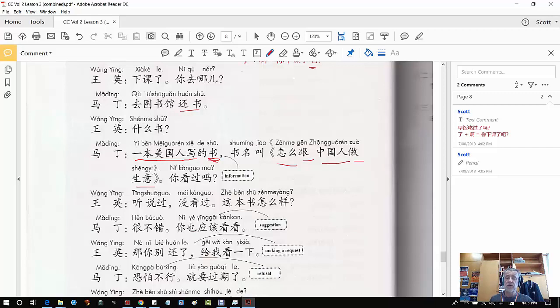You remember during the lecture I mentioned that we have the word 生意, which means business, and I said it's a noun, and therefore we sometimes need a verb to go with it. And the verb that goes with it is 做. 做生意, to do business. Now this 怎么跟中国人, 跟中国人做生意, to do business with Chinese people.